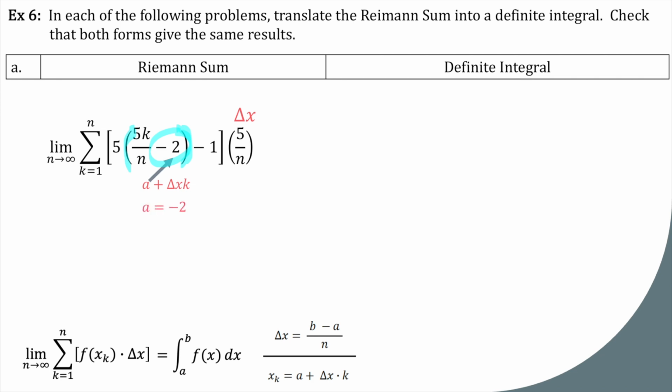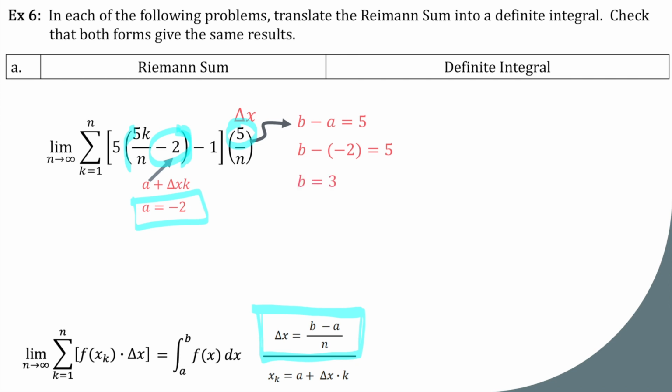How do we find b? Well, the key to that is right here. Delta x equals b minus a divided by n, which means that 5 is b minus a. Well, we know what a is. A is -2. So b minus -2 equals 5. So b equals 3.